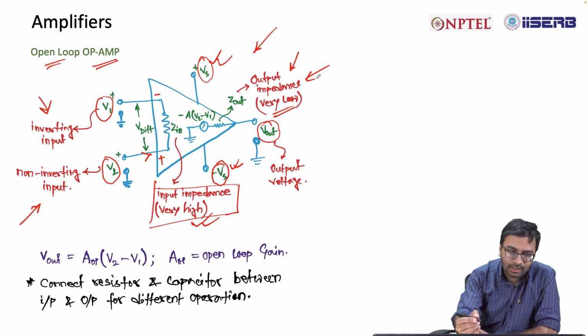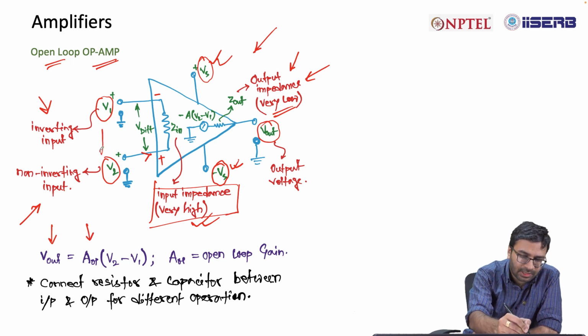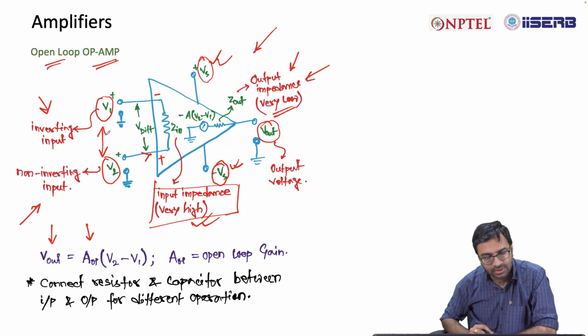And then if you look at the input versus output relationship, you will find your output voltage is A times higher than the difference between input voltages, that is V2 minus V1.